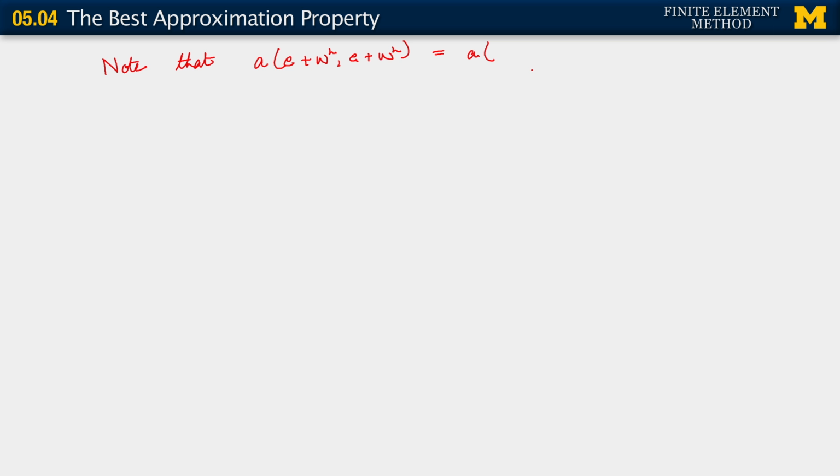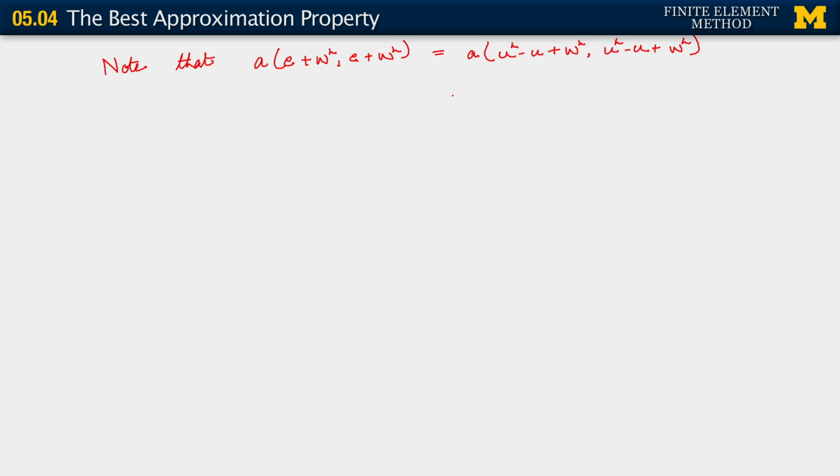The way we defined the error was simply the finite element solution little UH minus the exact solution U. And we have WH there. And the same in the second slot, UH minus U plus WH. Okay?